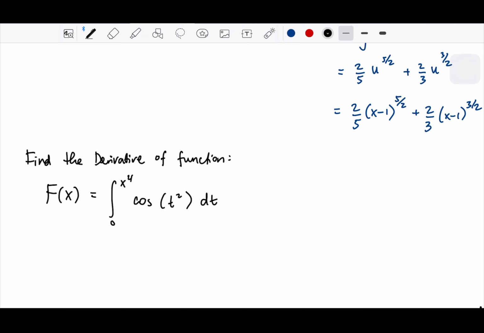And also by the chain rule, we need to multiply with the derivative of this x to the power of 4, right? So let's do that. So x to the power of 4, to the power 2, so it becomes 8. So we can write this as cosine of x to the power of 8, and then multiply with 4x cubed. Okay.